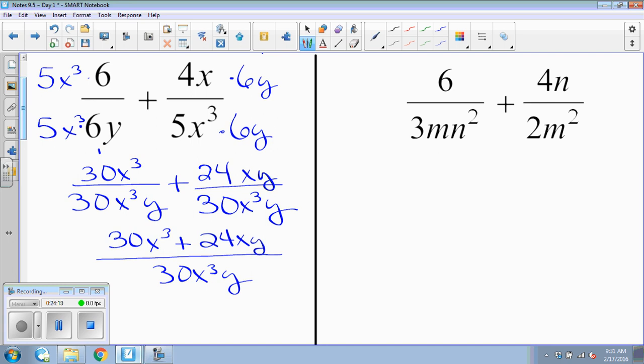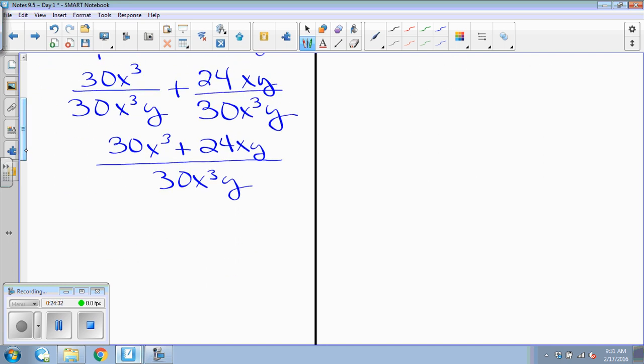Now, let's take our greatest common factor out of the top. We didn't have any like terms that we could combine, but we can factor out a greatest common factor. Okay? So, my greatest common factor is 6x. That's it, 6x.